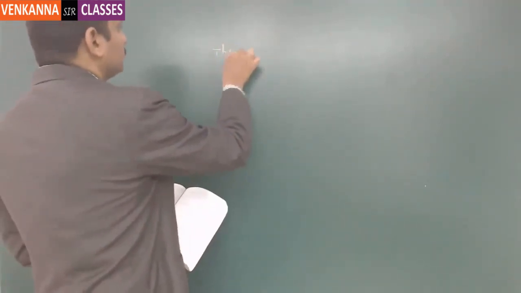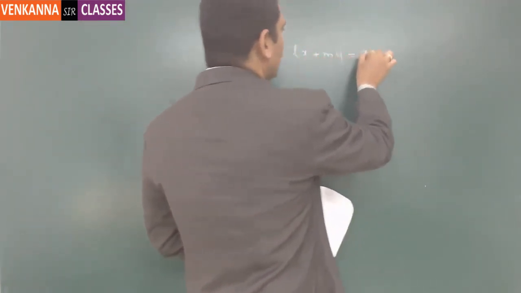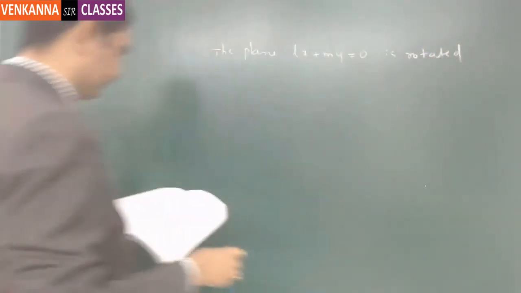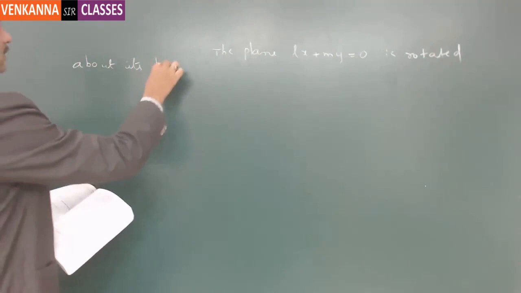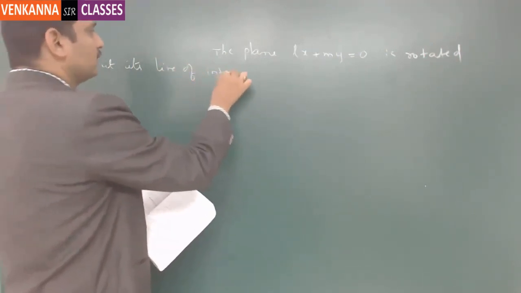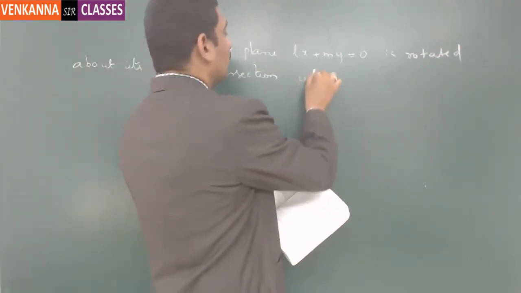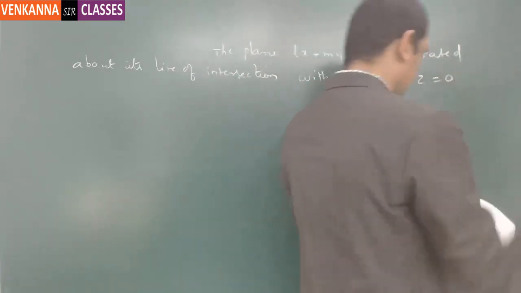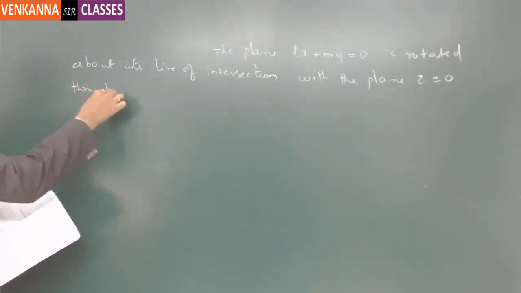So this is the problem. The plane Lx plus my equal to 0 is rotated about its line of intersection with the plane z equal to 0 through an angle alpha.